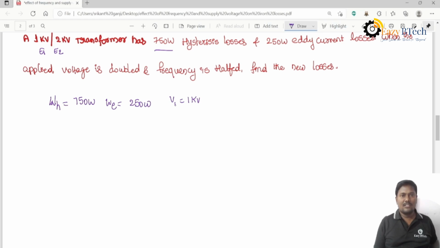The applied voltage is doubled and the frequency is halved. So V2 is equal to 2V1, F1 is equal to f, and F2 is equal to f divided by 2. Check whether the V by f ratio is constant or not. V1 by F1 is equal to V1 divided by f, but V2 by F2 is equal to 2V1 divided by f by 2.